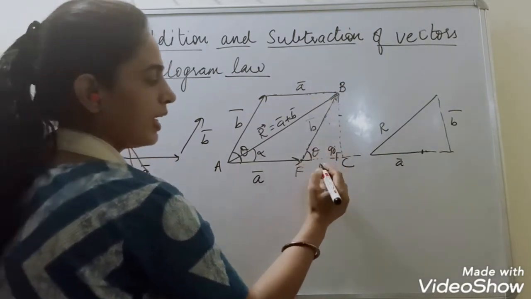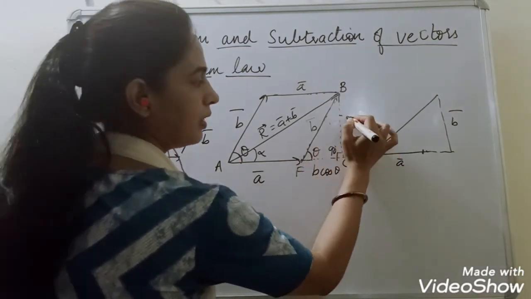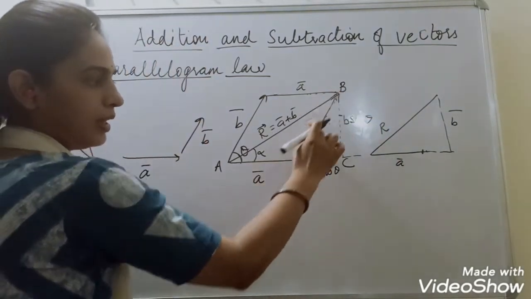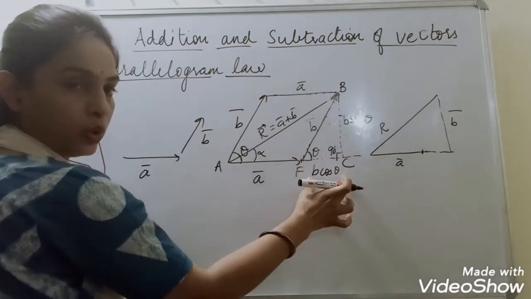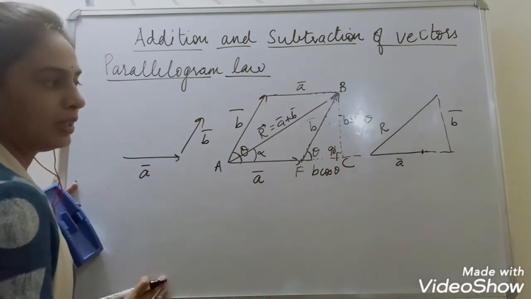So this side will be B cos theta, and the perpendicular side will be B sin theta. Okay, in this small right angle triangle, this is B, so the base will be B cos theta, the perpendicular will be B sin theta.